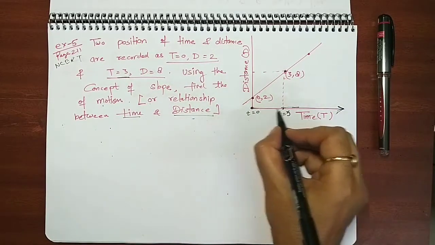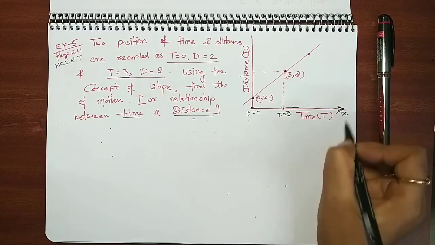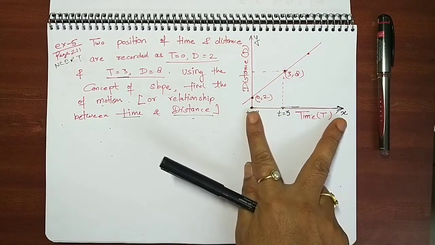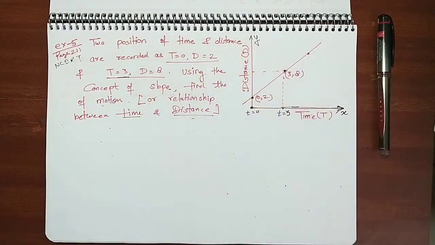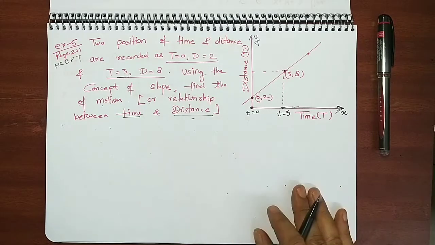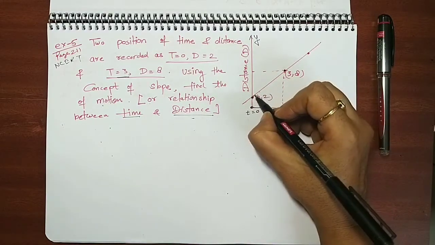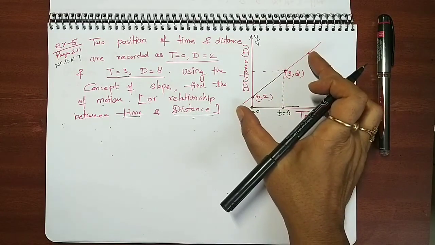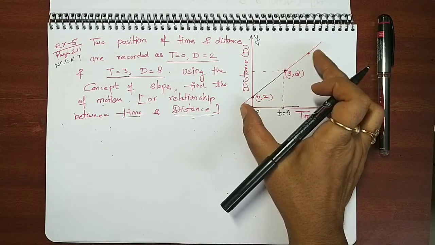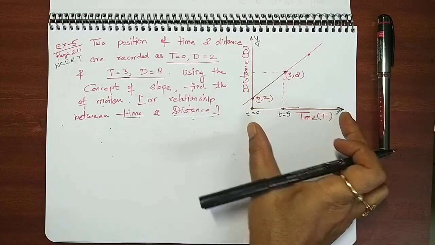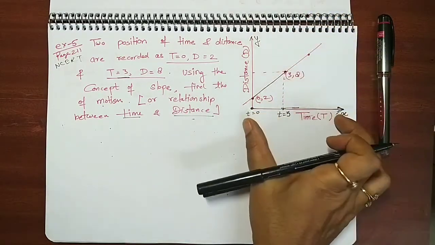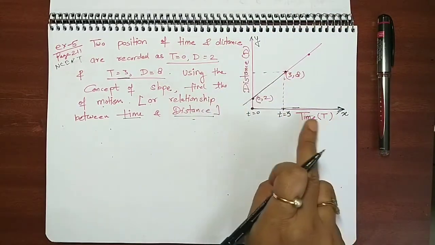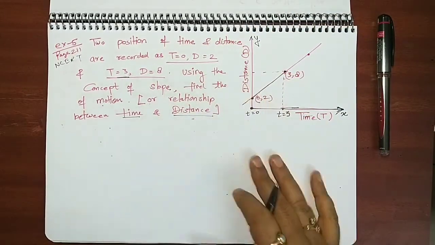So if I assume that the time axis is the x-axis and distance is the y-axis, basically we have to find the relationship between x and y only. Correct. So we can consider that joining these two points gives a straight line. If I am able to find the equation of a straight line, which gives the relationship of x and y, and I replace x by t and y by d, that will be my relationship between time and distance.